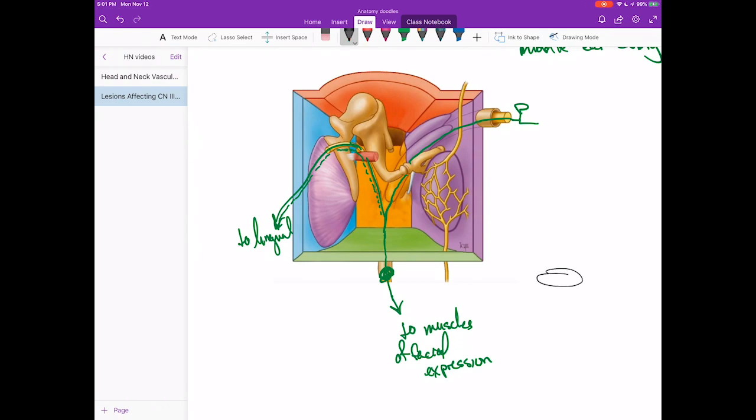Here's the jugular foramen. And cranial nerve 9 comes out this way and sends its tympanic nerve here. Tympanic nerve. So this is the tympanic nerve, and it goes into the middle ear cavity and does this weird plexus at the tympanic promontory and emerges as the lesser petrosal nerve.